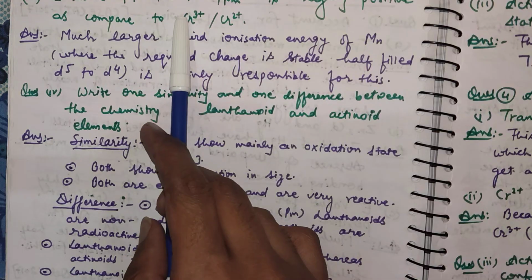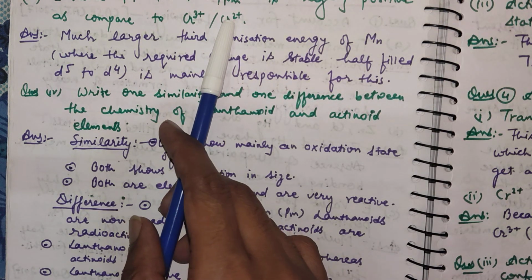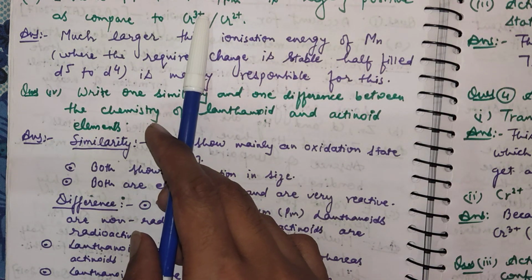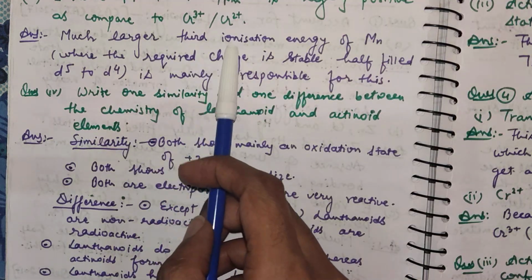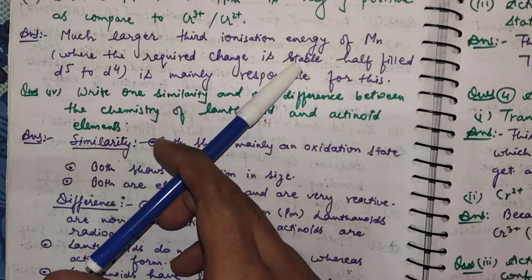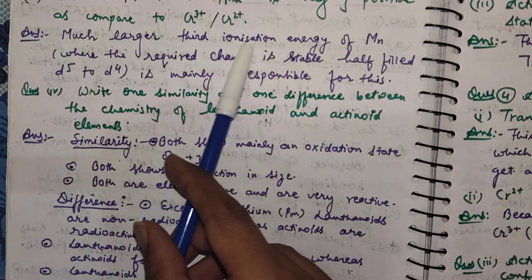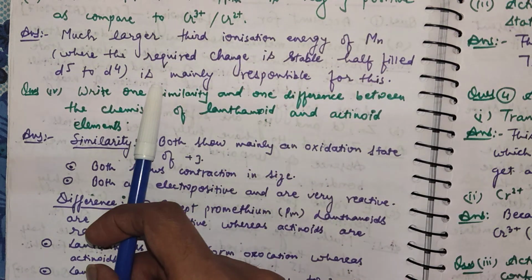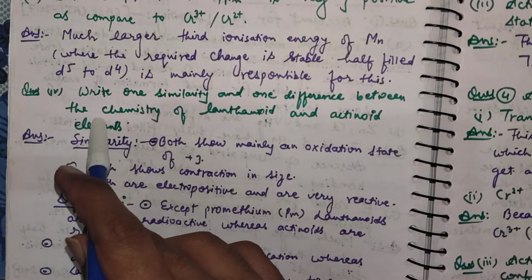After removing 3 electrons, 1 from the s orbital and 2 from the d orbitals, it will be 3d3. So Cr3+ to Cr2+ is 3d3, which is also stable. For manganese, a much larger third ionization energy is required, since the change is from stable half filled, because converting from d5 to d4 is very hard.